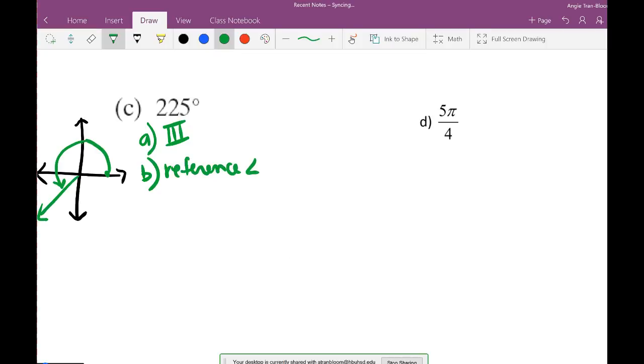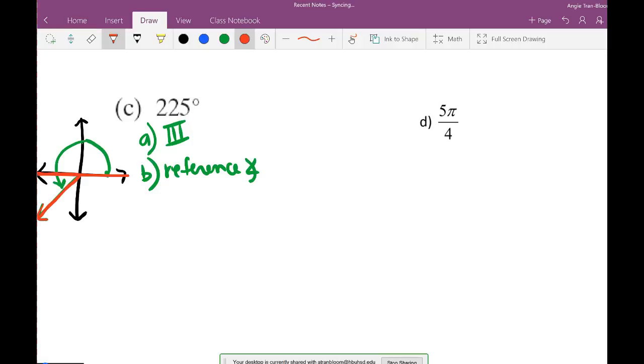Reference angle. So class, reference angle, meaning that it has to be positive and it has to be less than or equal to 90. And here's something that I want you to consider. Look on the projector, you already have this terminal side. Can you see it? Okay. The reference angle must always be the other side of the angle formed with the x-axis.